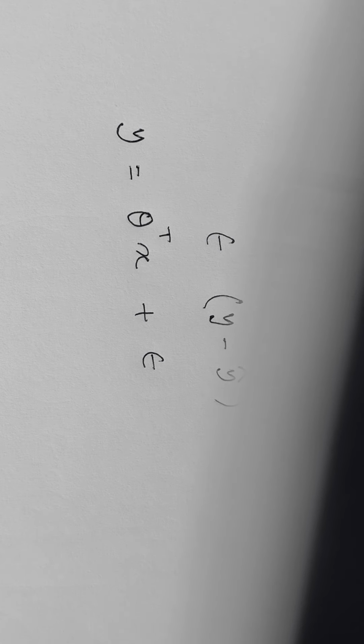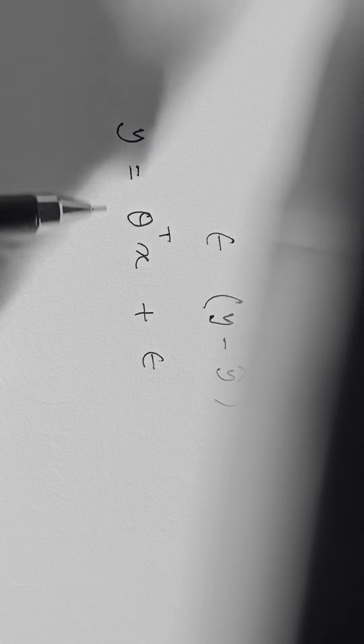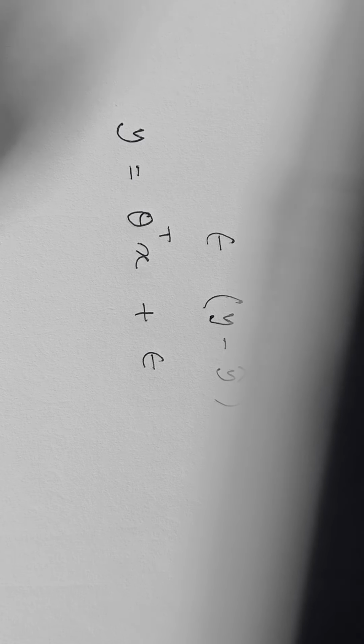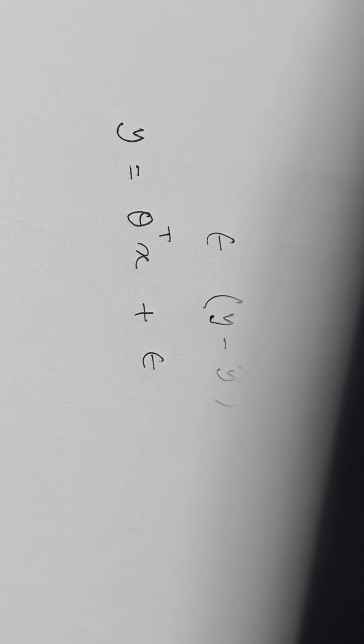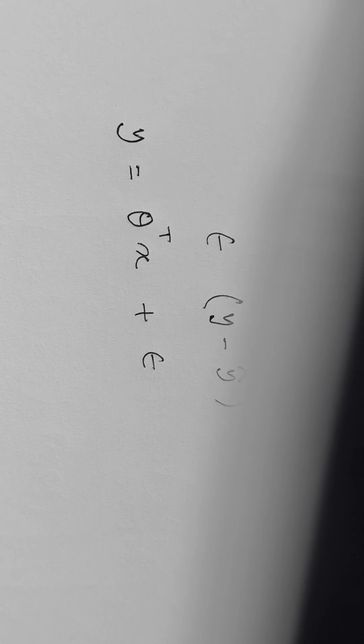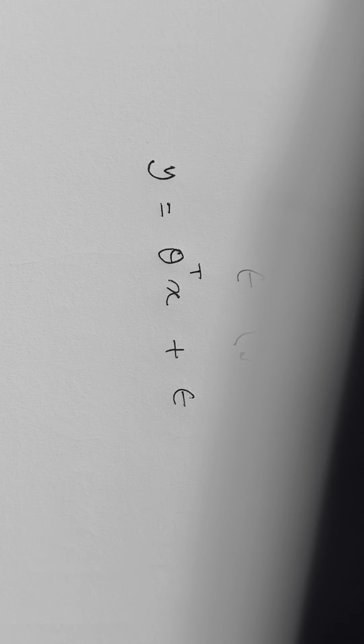So y must equal the output returned from your hypothesis function plus epsilon, the error injected here. If this error is 0, then your function is 100% correct. If not, then our target is to minimize this error, and we have already done that, how to minimize this error by using the gradient descent algorithm.